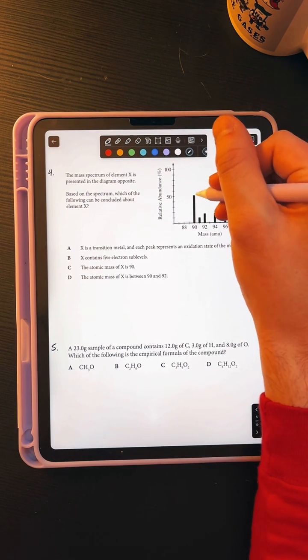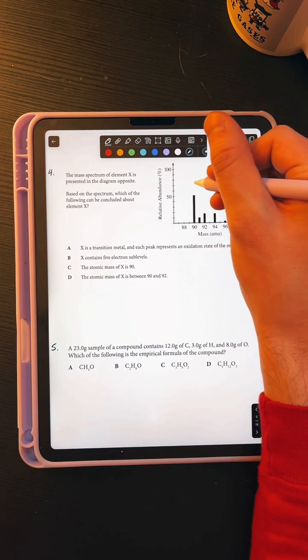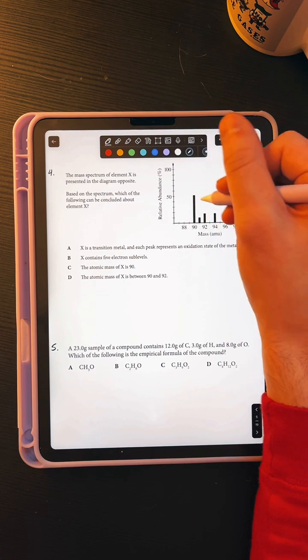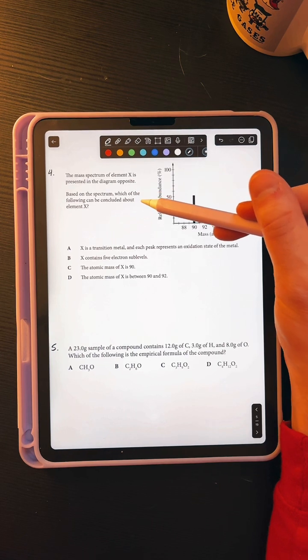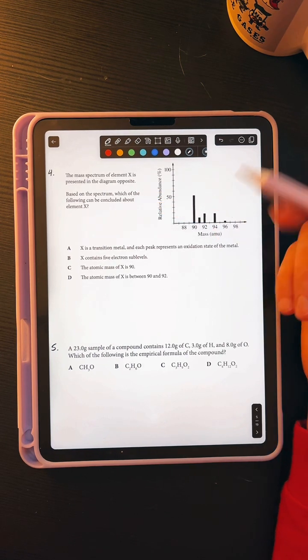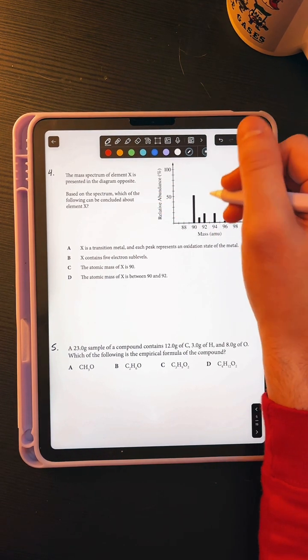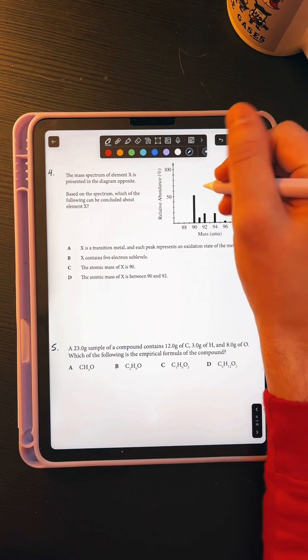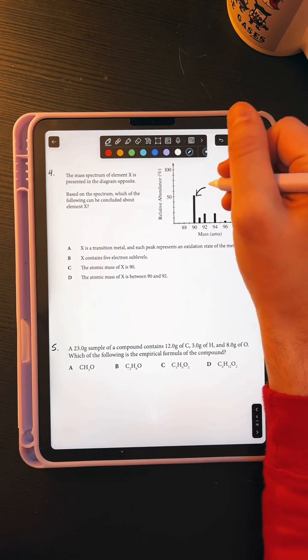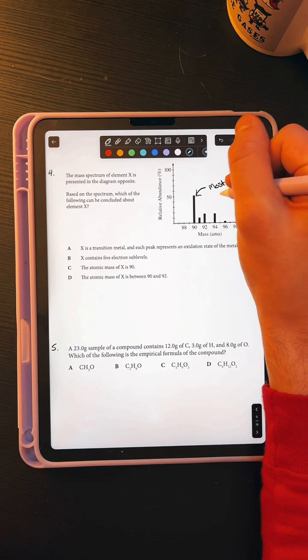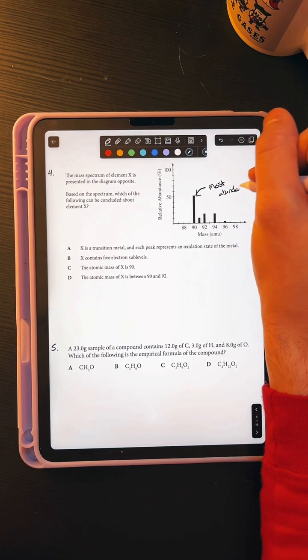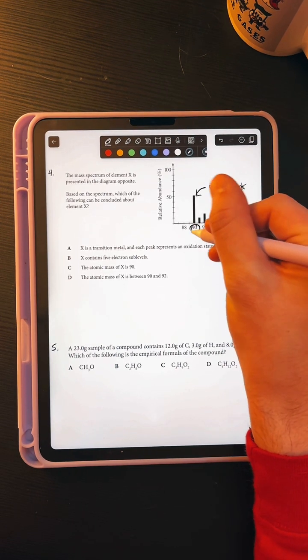We have some value here, and then we have its isotopes, right? Based on the spectrum, which of the following can be concluded about element X? First thing you notice when looking at a mass spec is you want to find the most abundant or the tallest peak. So this is the most abundant peak, and that happens at 90 AMU.